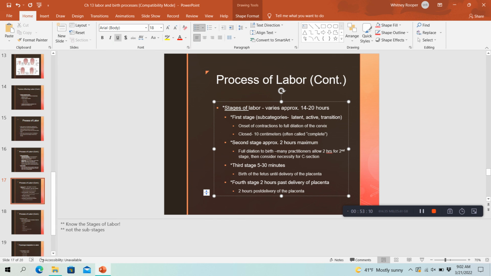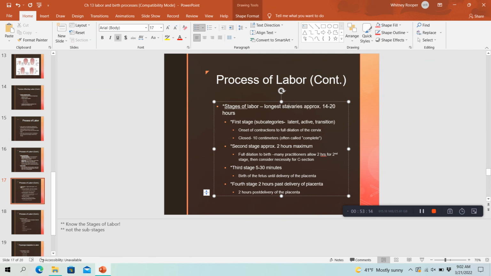But they may have thought that, but truly, 24 hours is about the max if somebody's really truly in labor. So the first stage begins with onset of contractions and ends with 10 centimeters dilation, often called complete dilation. If you hear the term complete, that means they're fully dilated, 10 centimeters. The substages are latent, active, and transition.